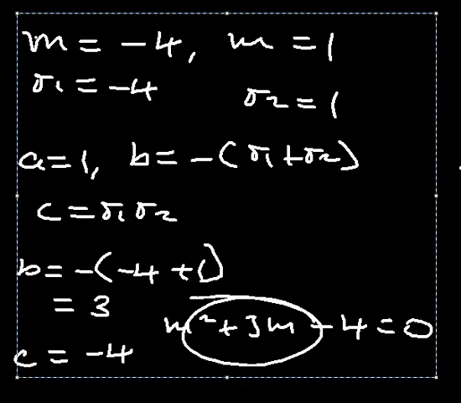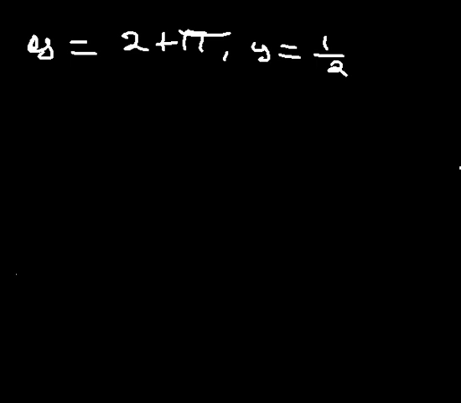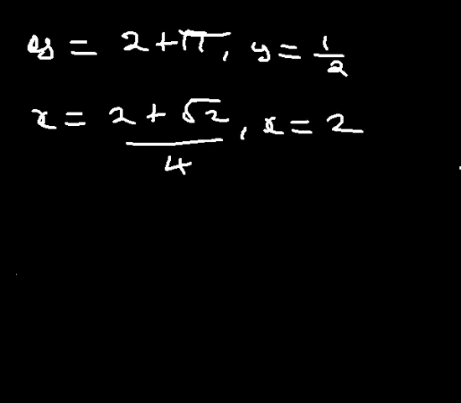Also, in your own time, try the following. You should deduce the respective quadratic equations given the roots. Let's say y is equal to 2 plus pi, and another y given as half. Try that one out. Let's say x is equal to 2 plus the square root of 2 over 4, and x is equal to 2. Try that out.